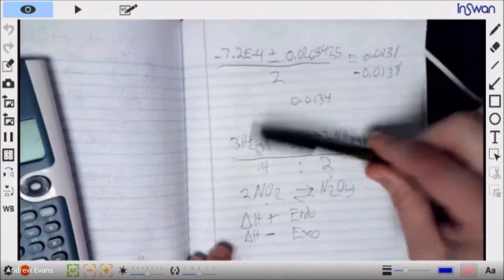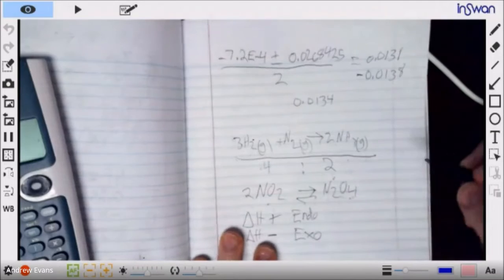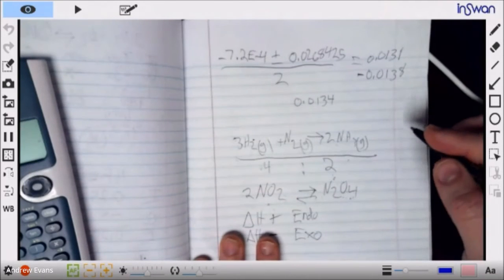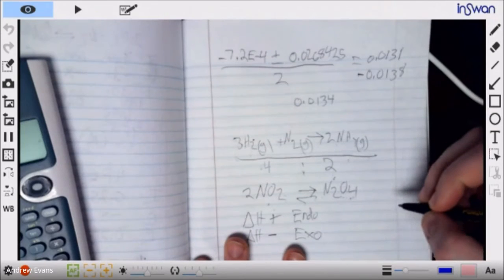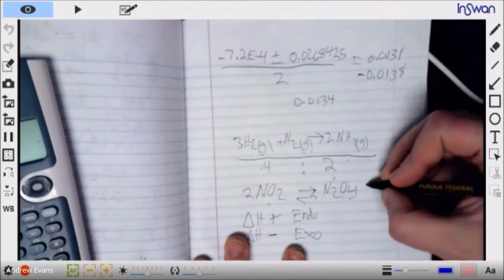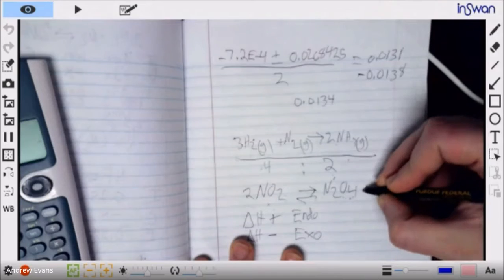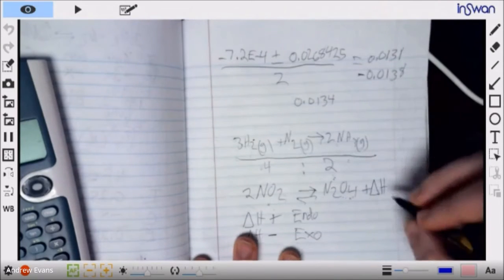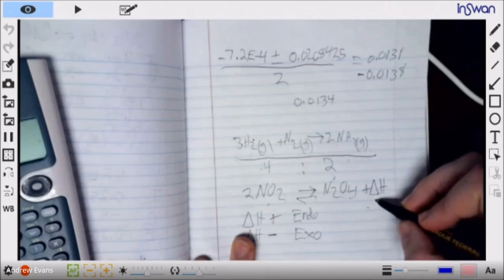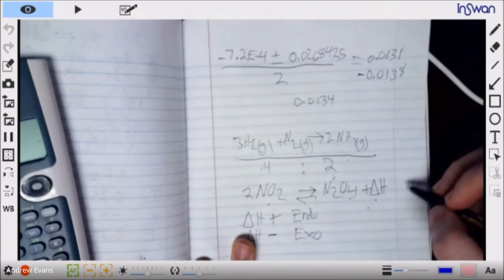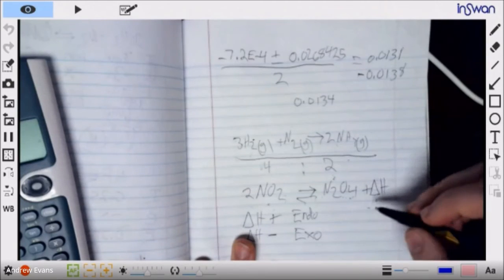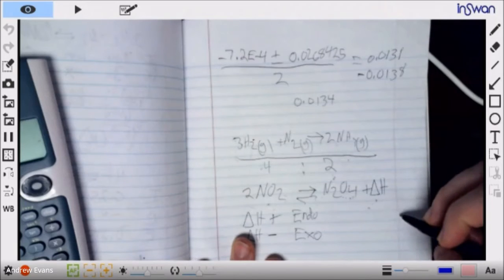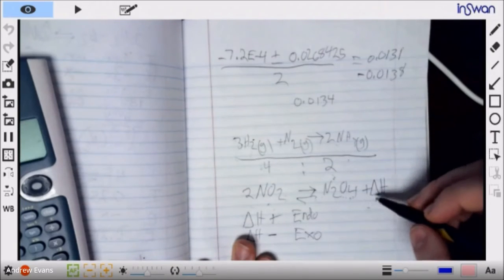So let's look at this one. Let's say this is exothermic. This process produces heat. So we put heat as a product. You'd say negative 500 kilojoules or something like that. So if I increase the temperature of the system, what's going to happen? Well, if I increase the temperature, I'm adding heat.